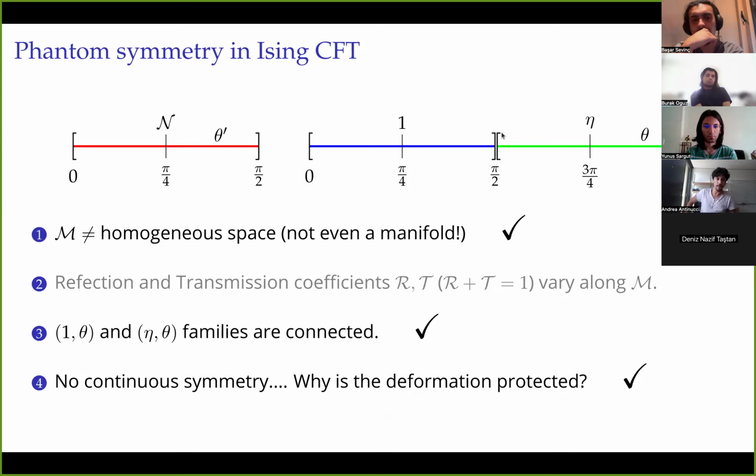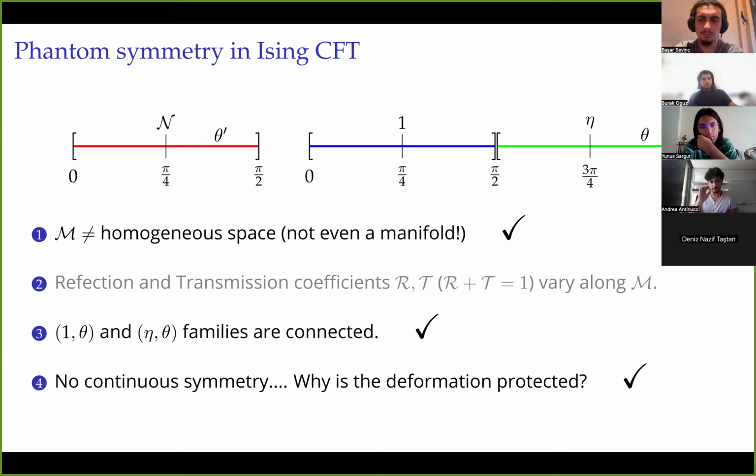Okay, and as I told you, this picture also explains in one shot why these two intervals, the blue and the green intervals, are connected at one point. And of course, it explains why the deformation is protected, because of the epsilon operator. I will explain now why it is exactly the epsilon operator.